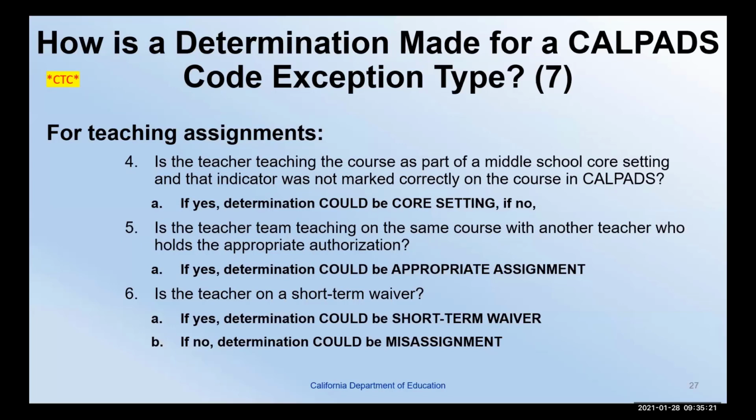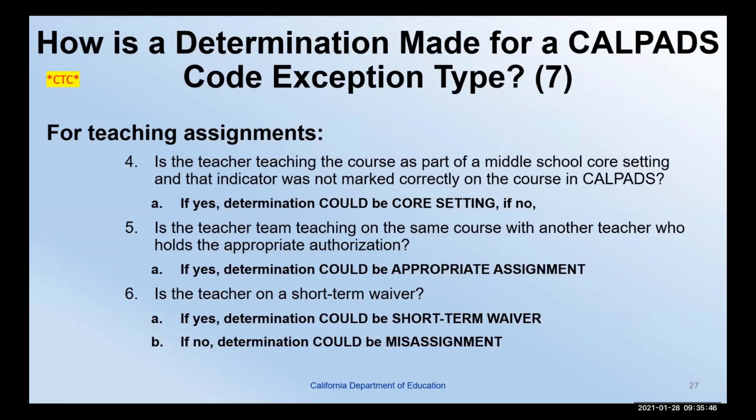So right now in CalPADS, you have the ability, if there are multiple teachers assigned to a particular course section, what I mean by that is there are two primary teachers that are in the classroom at the same time. That's called team teaching. And then there's another that's job sharing. Job sharing is when the teachers are there on alternate days, generally not there at the same time.